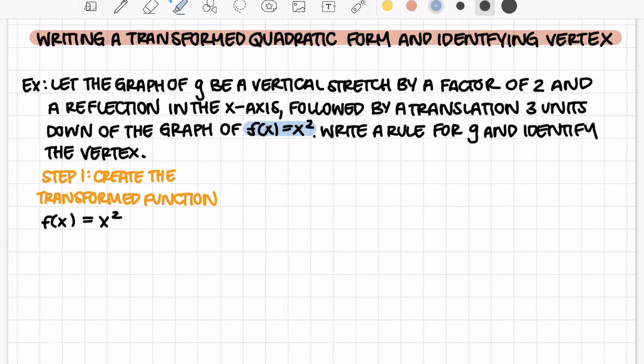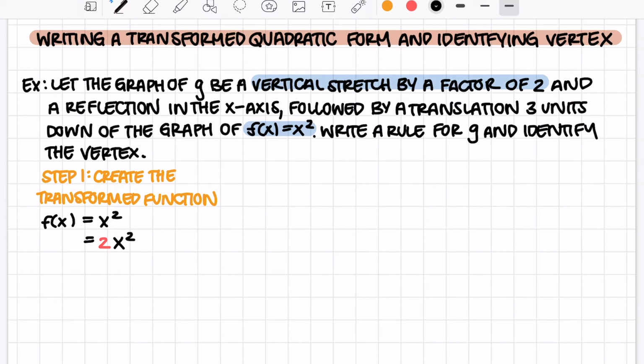And then in the word problem, it tells us that we're starting off by having a vertical stretch by a factor of 2. Since it's vertical, that means that we are going to be multiplying to the outside of the function. And on top of that, we should be keeping it the same. We don't have to do any flips. So I'm going to multiply 2 with my original function.